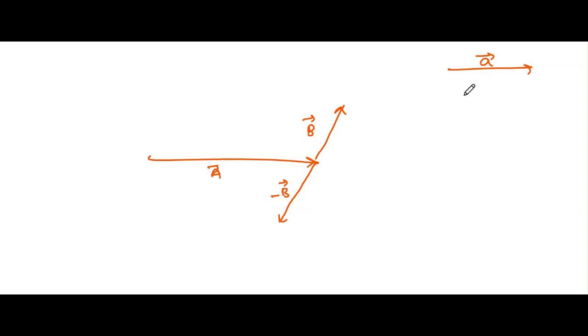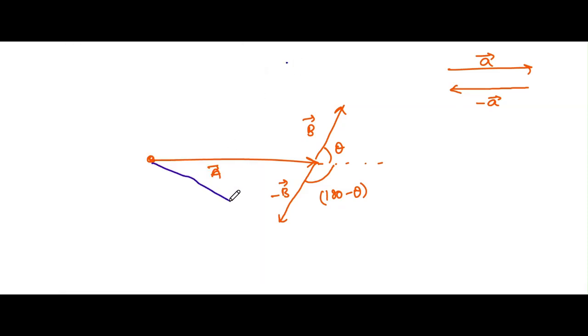If this is vector A, then with equal magnitude and opposite direction, this vector represents minus B. So if this angle is theta, this angle will be 180 minus theta. So we can get the resultant here.